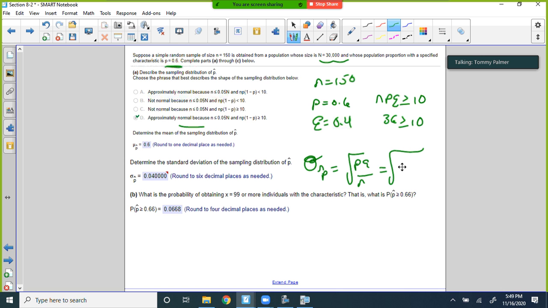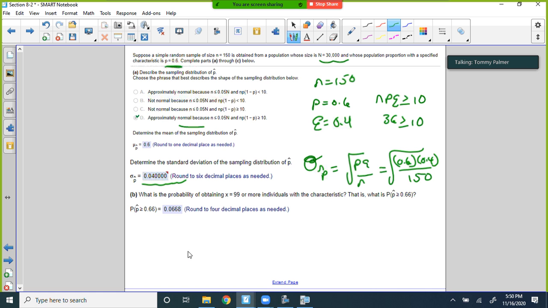So that would be 0.6 times 0.4 over 150. And ladies and gentlemen, this comes out to be 0.04 with the rest of them zeros, right? You're going to put it out 6 decimal places. Your numbers may generate numerics that are not zeros. Fair enough?